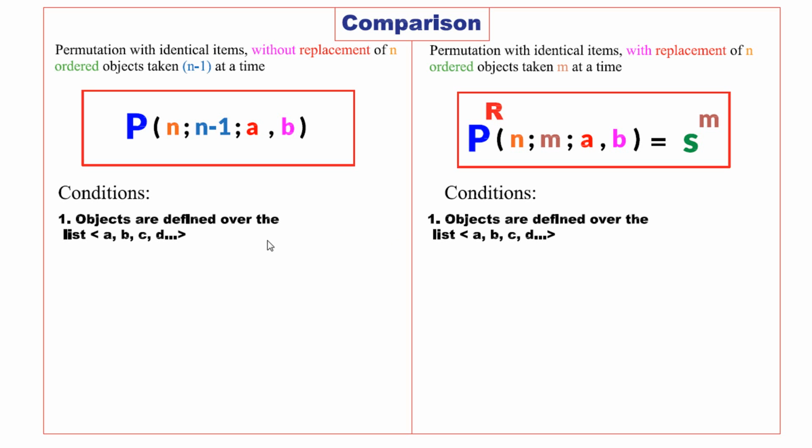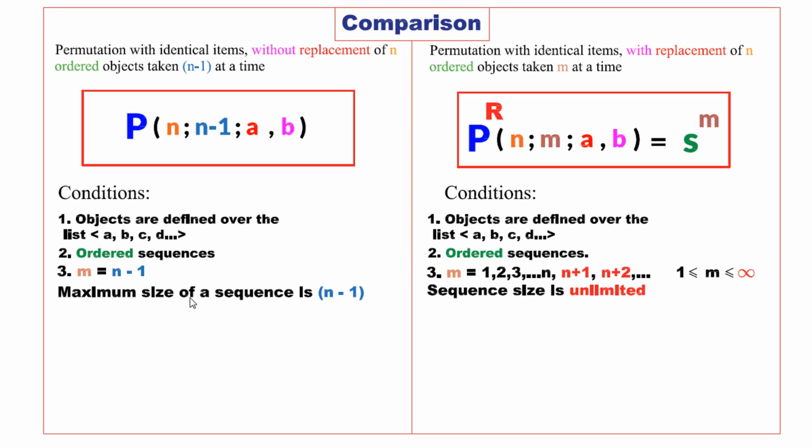Both are defined over the list of identical items A, B, C, and D, and both generate ordered sequences, but the size of the generated sequences in this case is going to be n minus 1 only. So the size will not be more, will not be less than n minus 1. While the size in permutation with replacement is going to be unlimited.